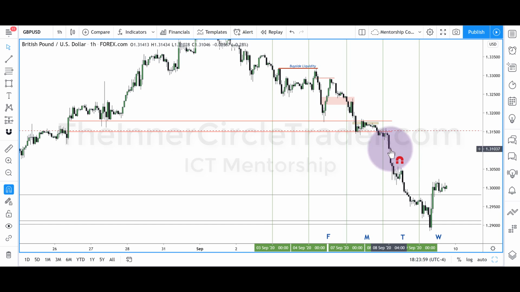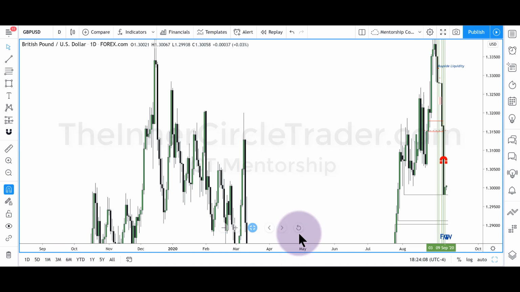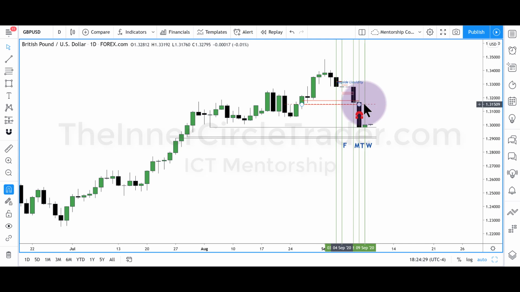All right. But this dashed line, let's take a look at that on a daily. Now there are going to be some annotations cluttering the chart up, so I'll have to zoom in here. All right, so this red line here, I said if we traded through that, that's the mean threshold on the bearish order block. We trade through that, and then we're going to go through all this over here, and then we have these levels here on the chart.